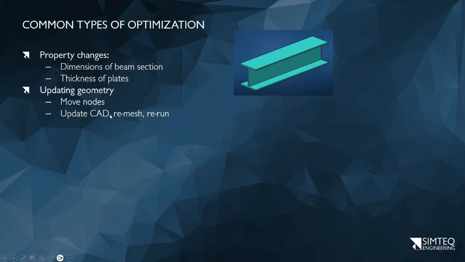So both of these have got issues. If I move nodes, I have to specify in some way what is reasonable. So if I've got the radius that I want to use, let's say a radius along that length, and I want the same radius from there to there, I have to in some way specify what it means in terms of the movement for every one of the nodes along there relative to my design variable, which is the radius.